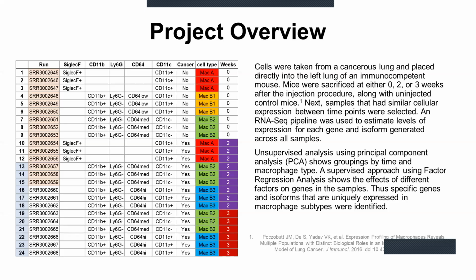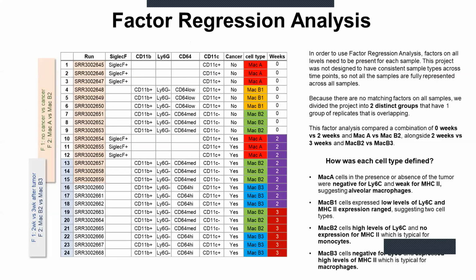We'll be using 0 weeks and 2 weeks in our data. So you receive the data set that has all these characteristics. It has names of those macrophages, names of the samples, cell types, and it has weeks. The only thing is that it is transposed, and I will explain later why we transposed that.